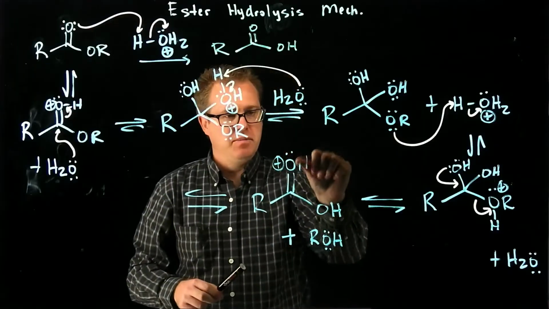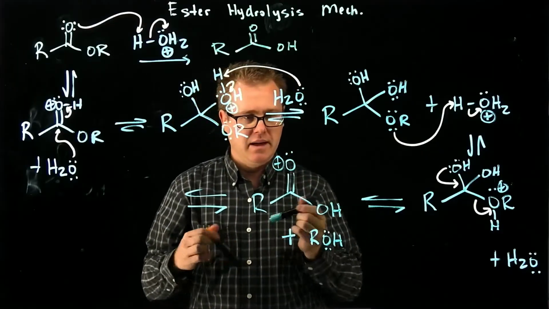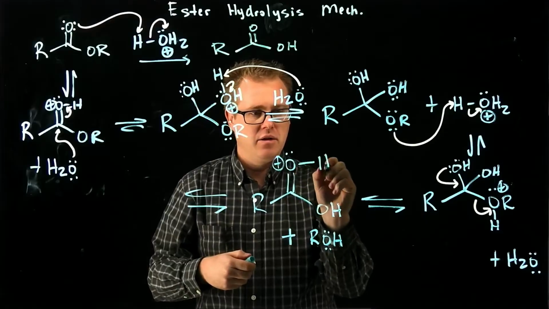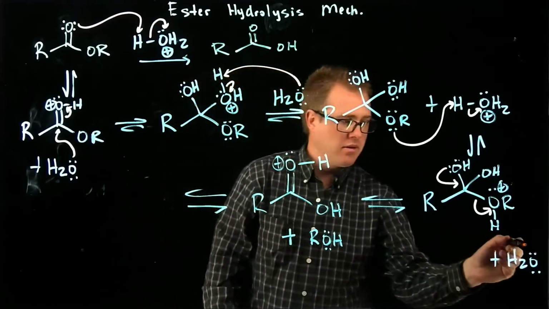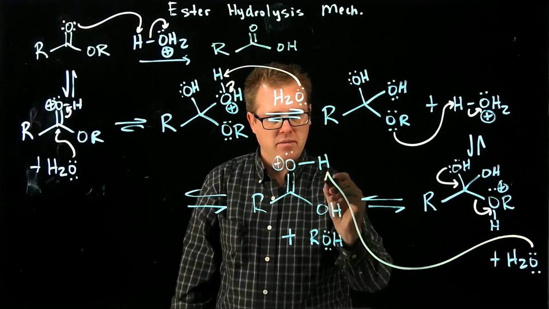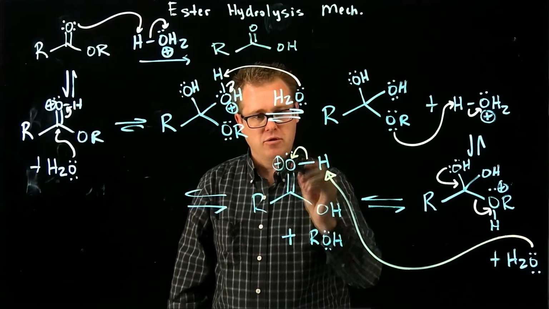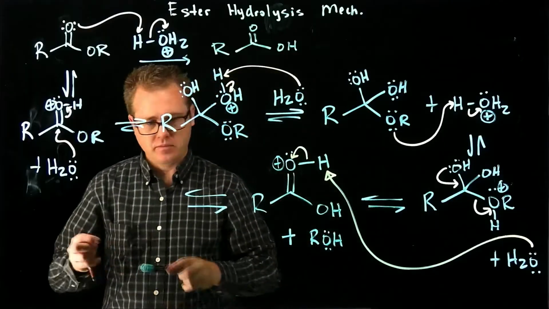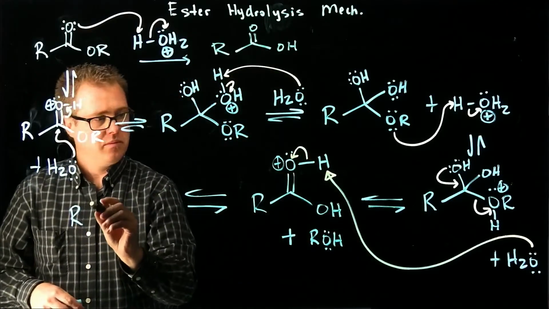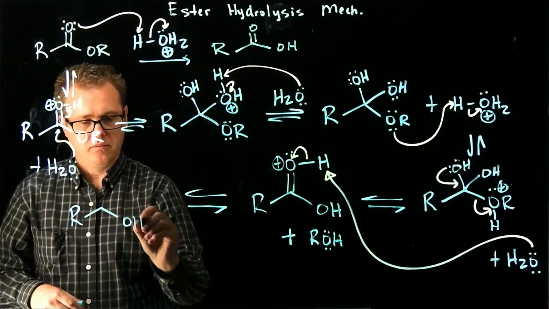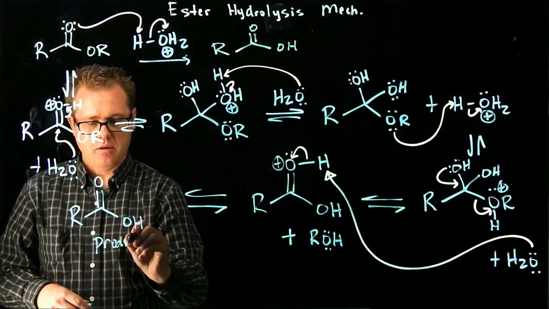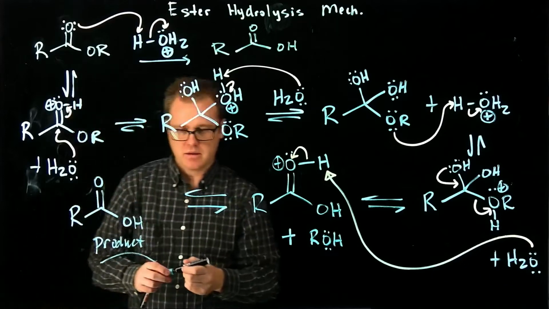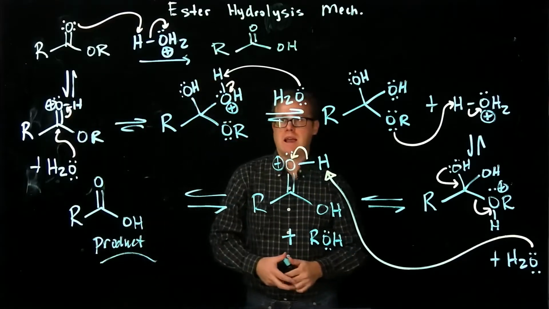And I'm going to expand out this hydrogen so we can see how that occurs. So we have water present right here. That's going to come grab that like so, to give us our product. So we just made ourselves a carboxylic acid.